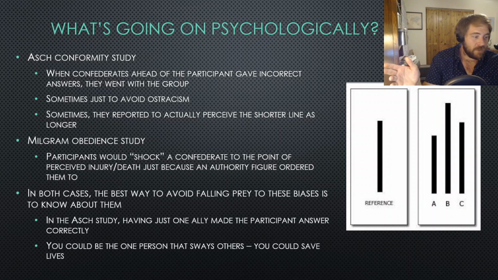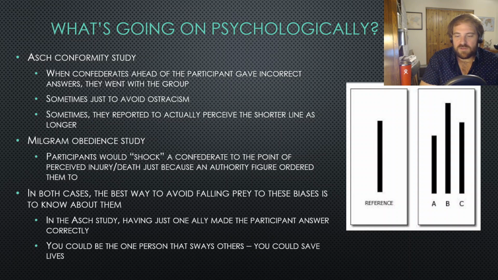Looking at them right now, I'm sure all of us probably agree that it's C. But what happens is they put their participant at the end of the table, and they go through all the people that are part of the research team, and they'll all say A. And by the time they get to the person they're actually testing, they will almost always say A. When they ask them later, some people would say, well, I could tell it was C, but I just said A to go along, to not cause a ruckus.